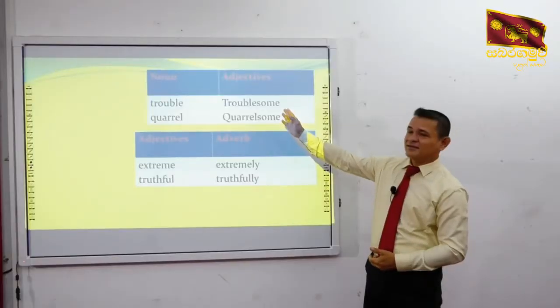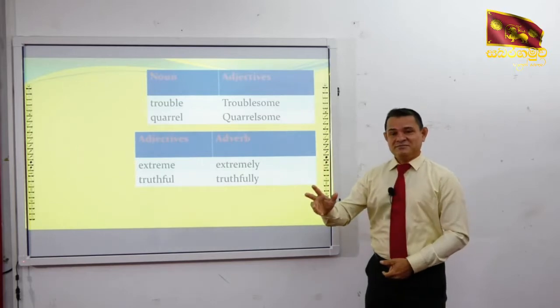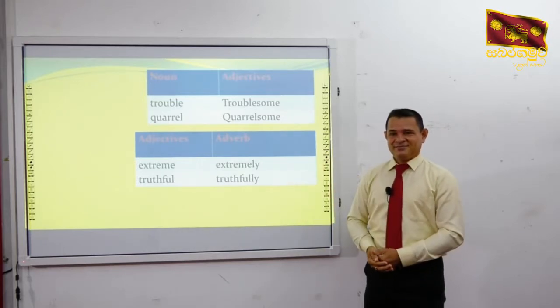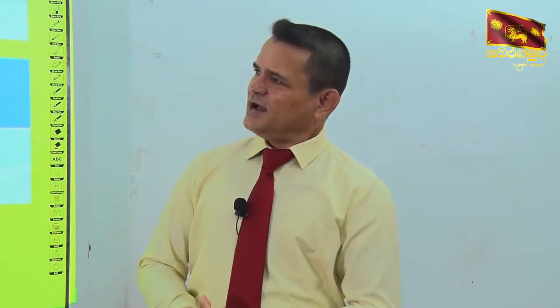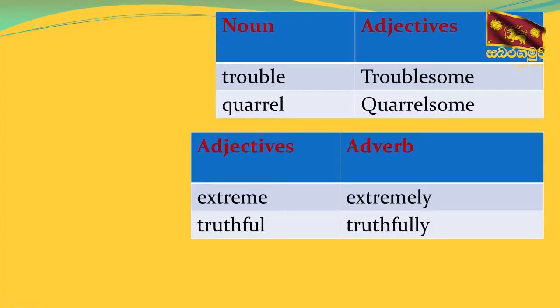You see, trouble. I have a lot of trouble. Troublesome, adjective. Troublesome people. Right? So you can make that noun an adjective. And also quarrel, quarrelsome. So these changes are very important.